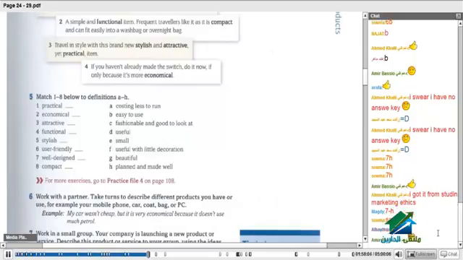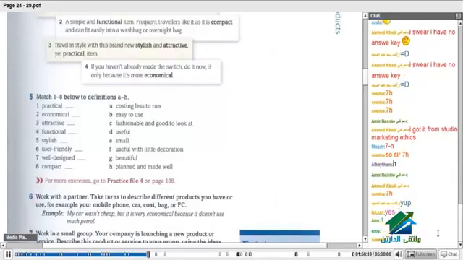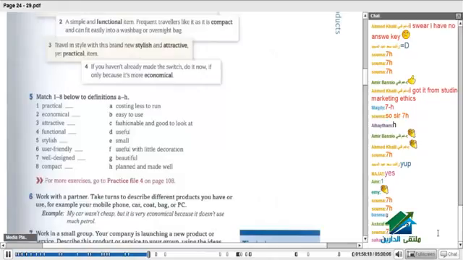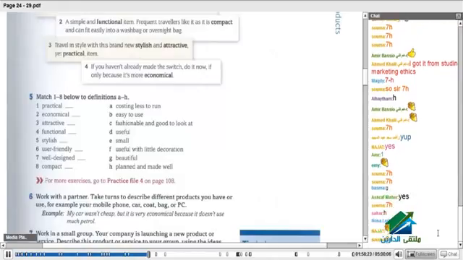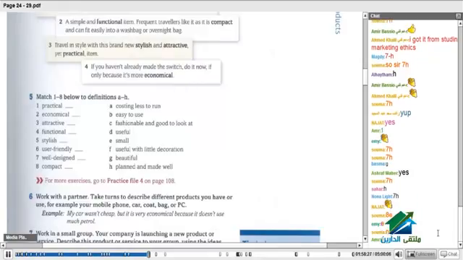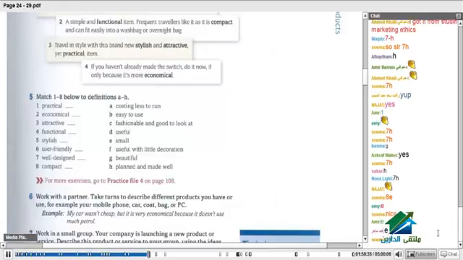Number 7, well designed, is H. Number 8, compact, which is small, which is E, actually. You guys, after this session, write every description, every adjective or characteristic here, make its description, please, and make sure that you will know this.